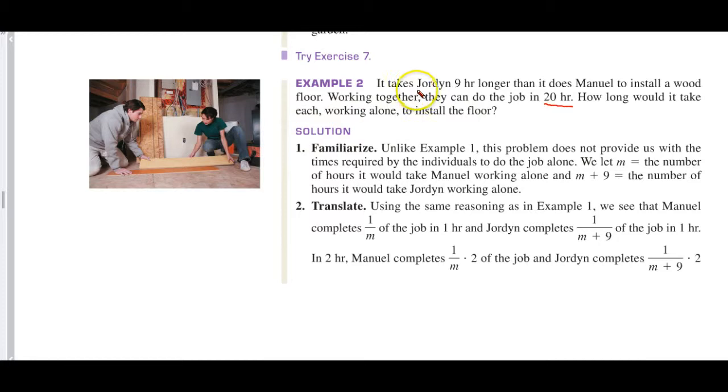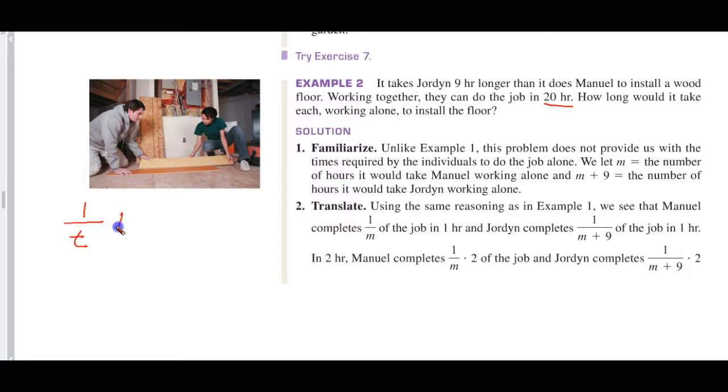Well, we know that one person takes 9 hours longer. So the rate of one person, we don't know their rate, it's going to be 1 over, I'm going to use the letter T for time. That's that person's rate.